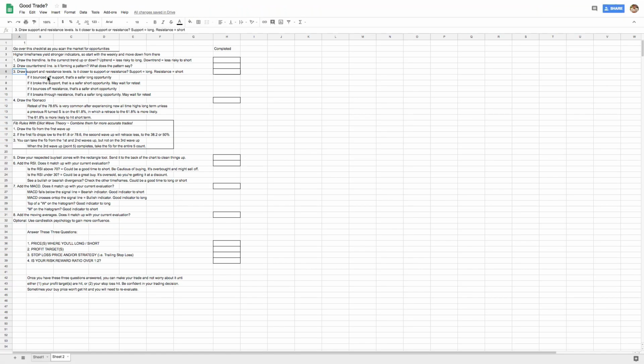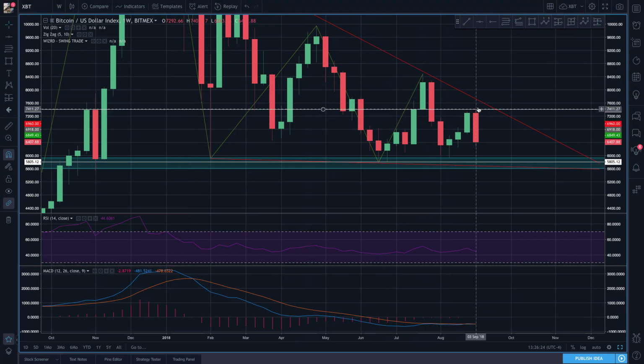All right, if it's closer to the support, safer to long. If it broke the support, it's safer to short. If it bounces off the resistance, that is a safer shorting opportunity. If it breaks through the resistance, that's a safer long opportunity. So it has not.